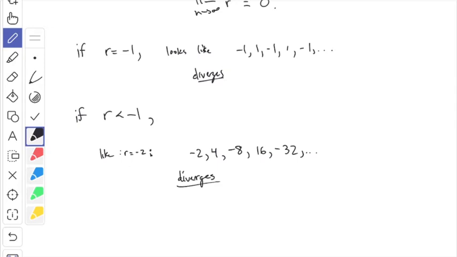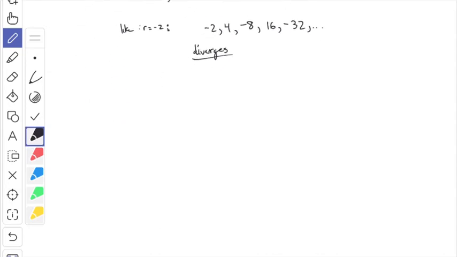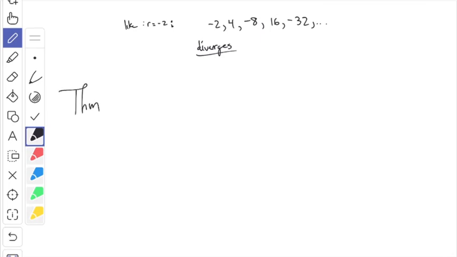This is really all of the possible scenarios. I'm going to try and summarize which ones converge and which ones diverge. I'm going to write this as a theorem, which has a bunch of different cases. Here's what it says. I'm going to go from biggest to smallest in terms of numbers.